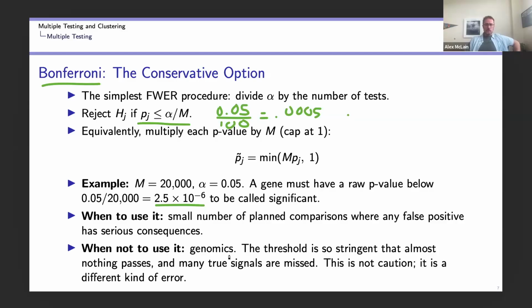Don't really use this in genomics because the threshold is so stringent that almost nothing passes and many true signals are missed. So using this for genomics, I wouldn't say that it's being cautious. It's making a different kind of error because you are missing so many signals that the results are not great. They're not what you'd want.